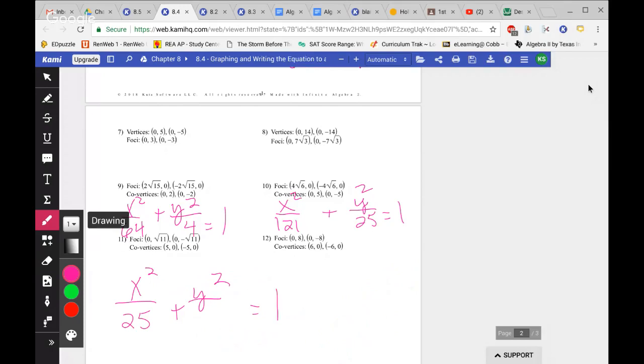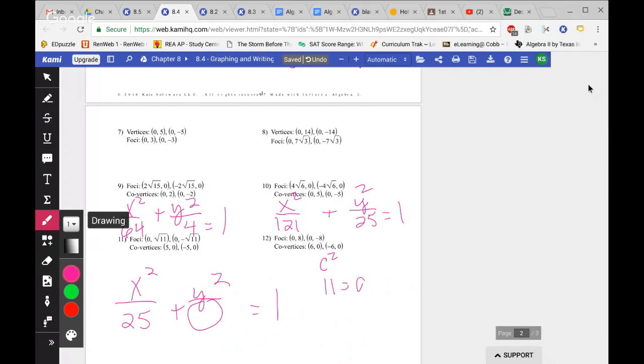And then I need to find out what that value is, what the a squared is, because the a squared is the vertice. The b squared is the covertice. So the foci is the square root of 11. So the square root of 11 squared is 11. So that's our c squared term.